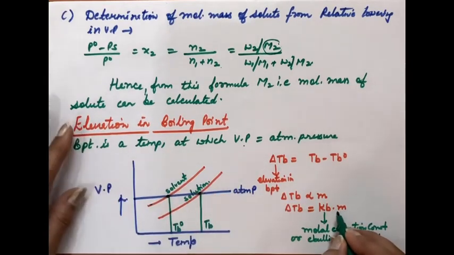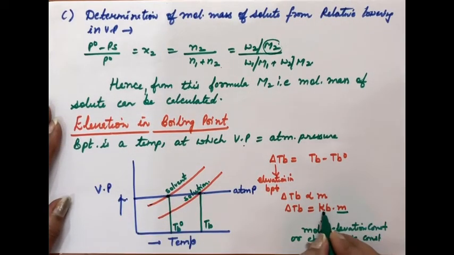If molality of solution we take unity, then Kb is equal to delta Tb, and we can define molar elevation constant here, that molar elevation constant is equal to elevation in boiling point when molality of the solution is unity.